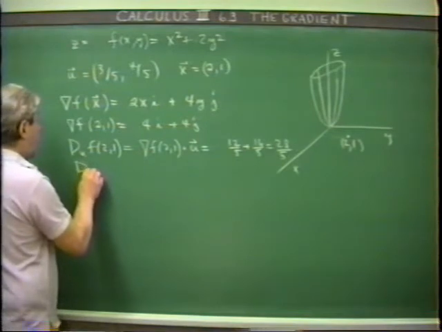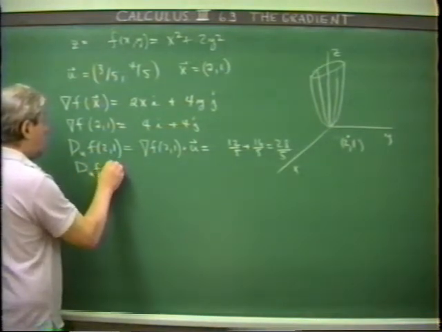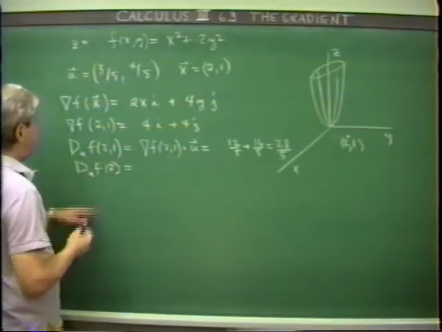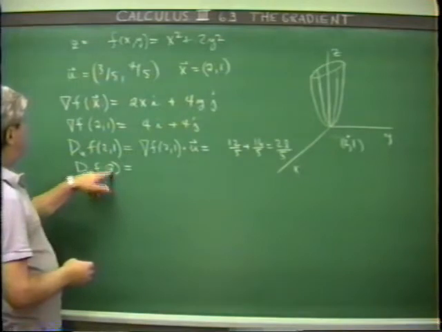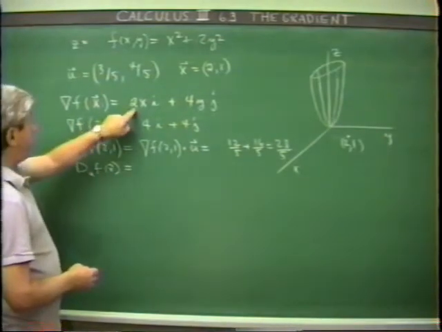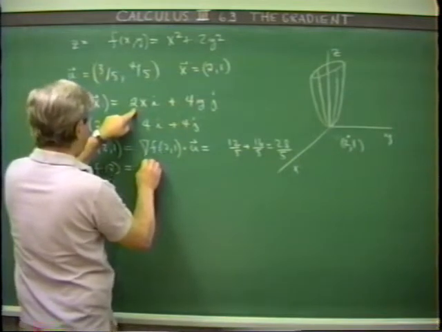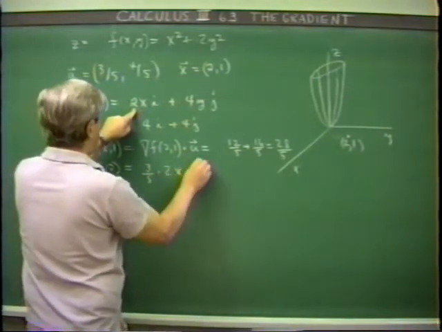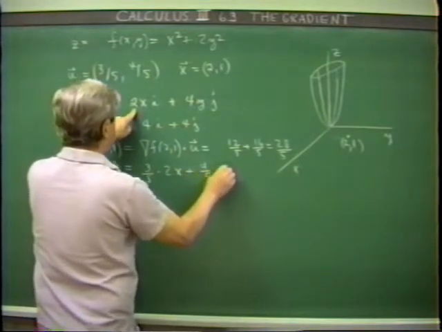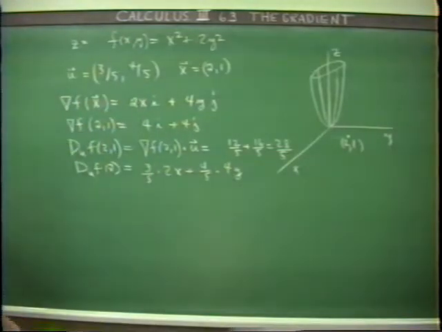In fact, if we wanted the directional derivative at any point x in this direction u, it would be equal to the gradient of f at x, 2x i plus 4y j, dotted with u. So it would be 3/5 times 2x plus 4/5 times 4y.